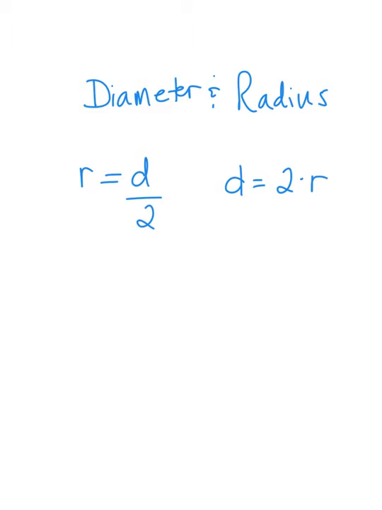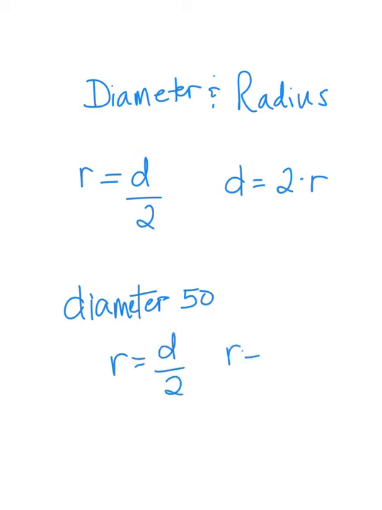Okay, the next couple questions on the quiz have to do with diameter and radius. Remember, diameter is the full length across and radius is just from center to the outside. So let's say they give you the diameter as 50, and they want to know what's the radius. Well, radius would equal the diameter divided by 2.